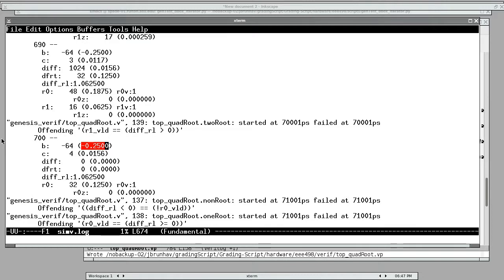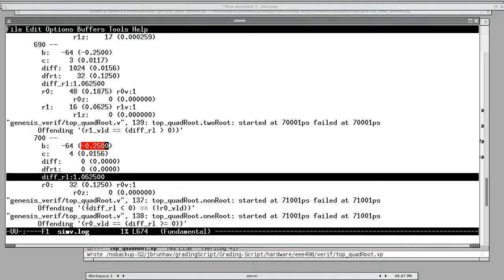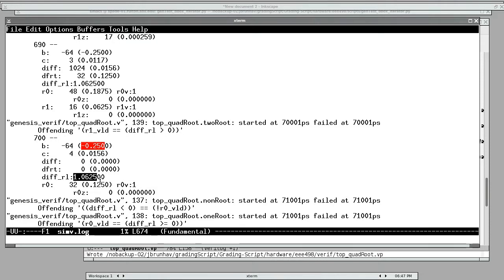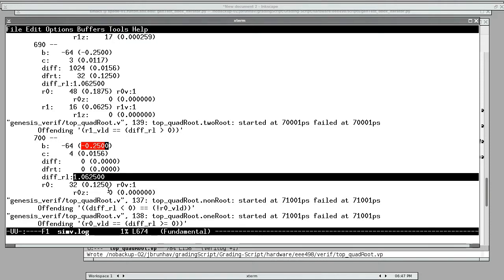Four times 0.0156. So it's telling me that the difference is 1.0625.